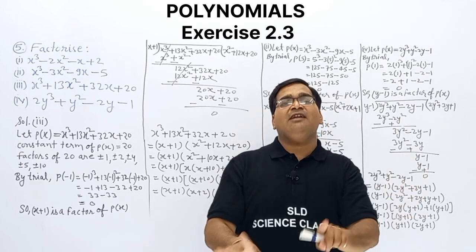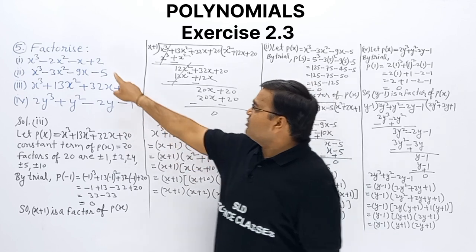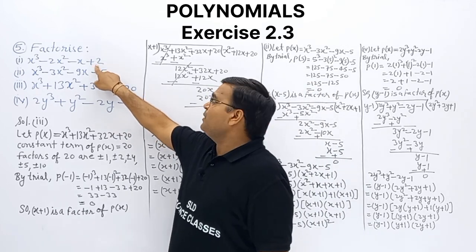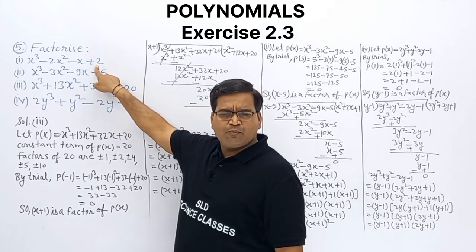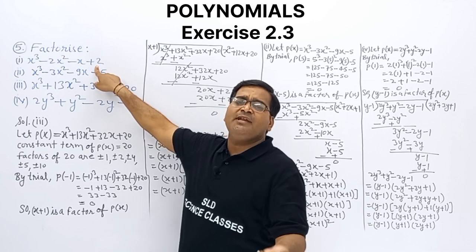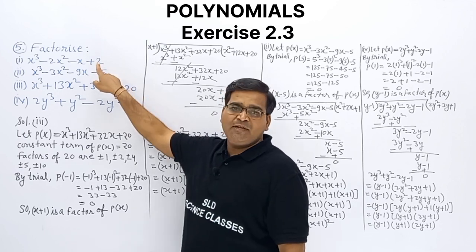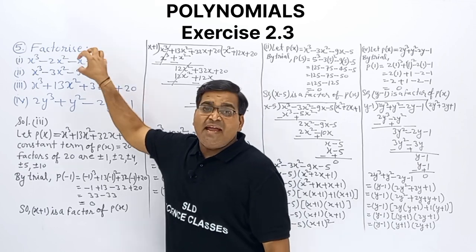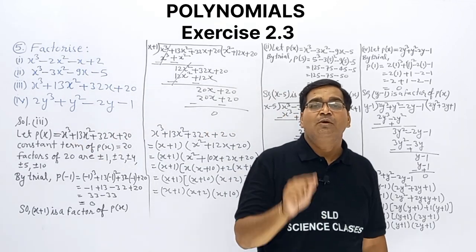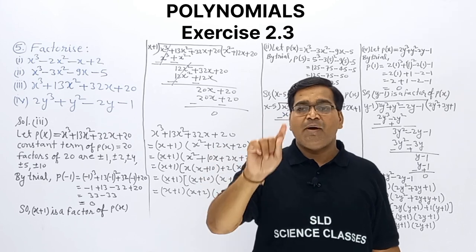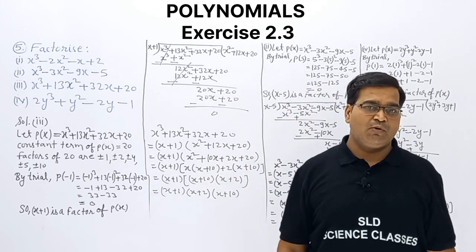Take the constant term's factors, in which the constant term is 2. Its factors are what? Plus minus 1 and plus minus 2. So by trial we will put plus 1, minus 1, plus 2, minus 2.